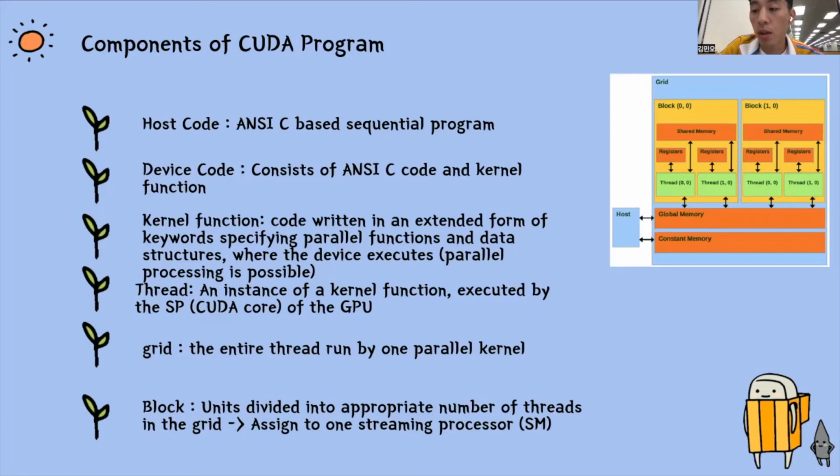And the grid is the entire thread run by a parallel kernel, and a block is a unit divided into an appropriate number of threads in the grid. And each of these elements is defined to be used depending on the situation. The next is how they are really executed in the CUDA program.